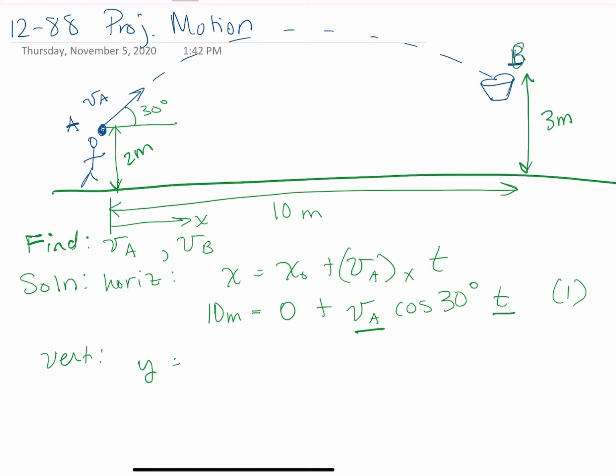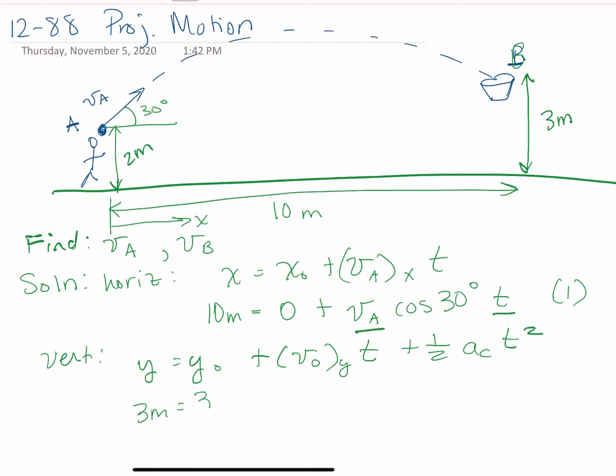So y equals y naught plus v naught in the y direction times time plus 1/2 a sub c times time squared. So y, the final y, is at 3 meters.